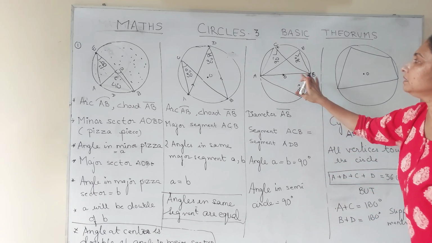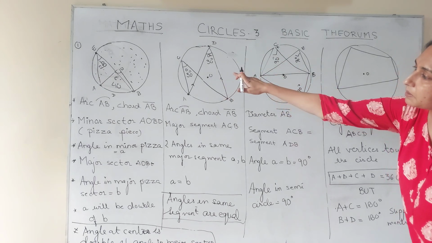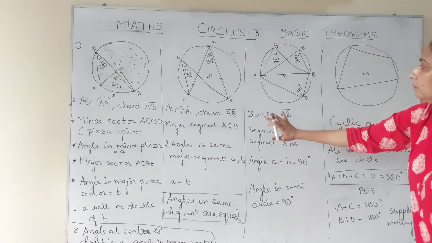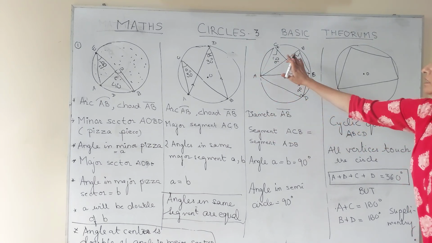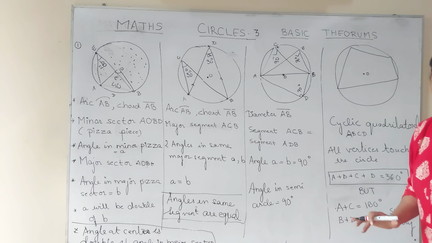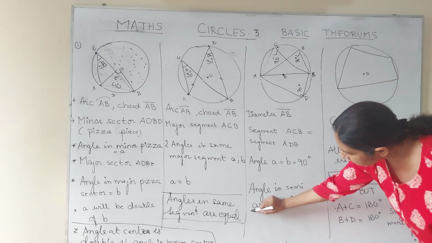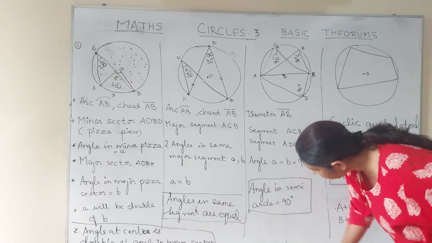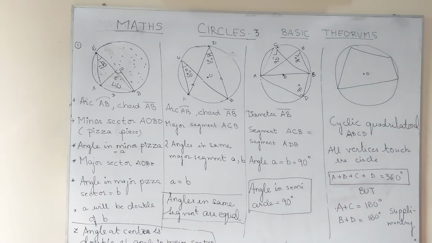The moment you have a diameter, the angles can vary, they may be 10, 20, 30, 25, whatever, but the moment you have a diameter, these angles become fixed at 90 degrees. And this theorem is called angle in a semicircle is 90 degrees. This is the formal language for the theorem.